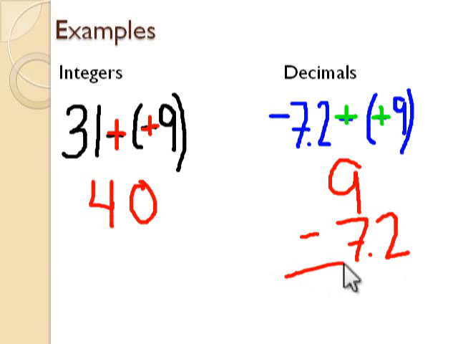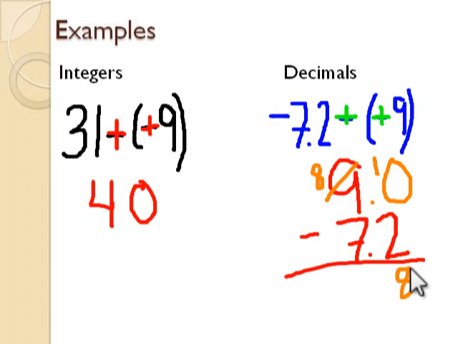And of course, I did a good job of lining up my ones place. I have to add in here a decimal point and a 0 so that I can then borrow. 10 minus 2 is 8. Bring down my decimal point. 8 minus 7 is 1.